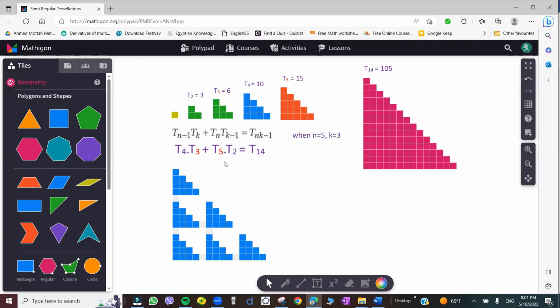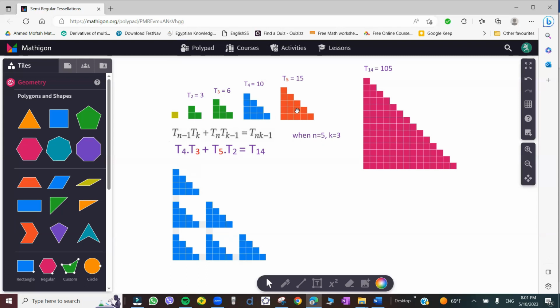What about the second term, term number 5? How many times? As the value of term number 2, which is 3. So we want to add term number 5 to itself 3 times, because multiplication is repeated addition.